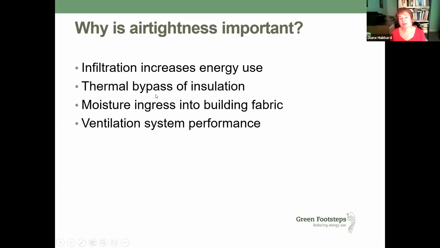Another problem that we have is that this infiltration can create what's called a thermal bypass of insulation. So you could have a situation where maybe you put external wall insulation on the outside of a building, but the detailing maybe at the base of the wall or at the top of the wall is poor, and actually air tracks into the wall behind the external wall insulation.